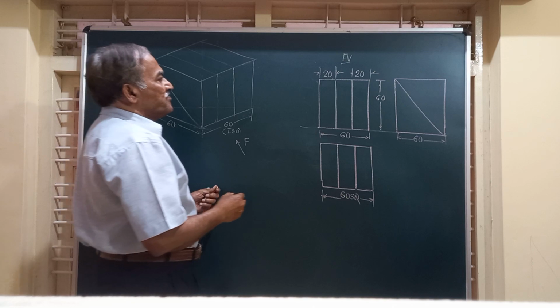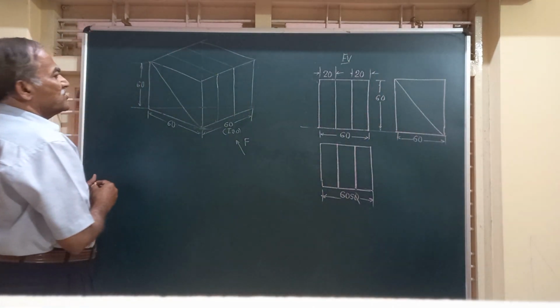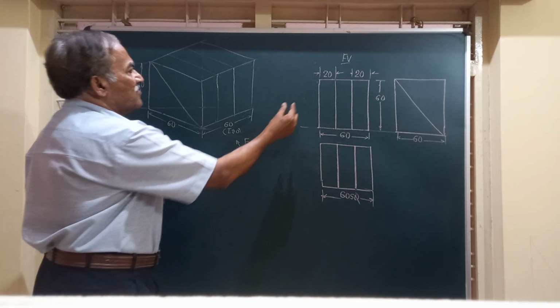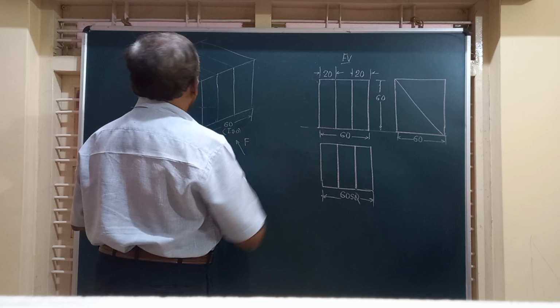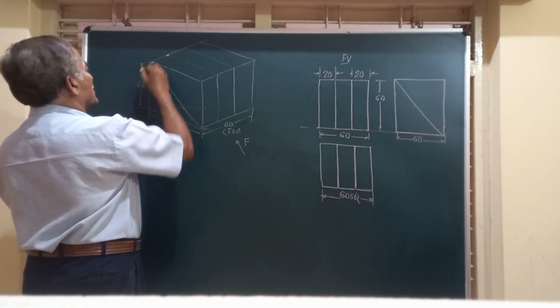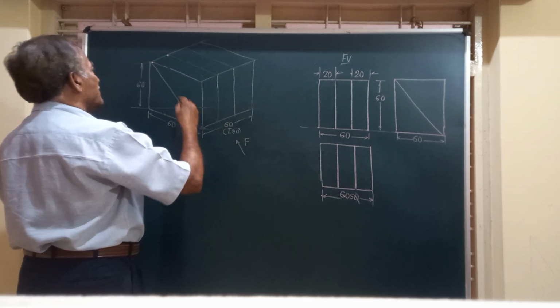And friends, at the extreme end you have got another surface. So friends, what we can do, since this is seen as a rectangle of width 20 and height 60, we can take this point and this corner and just join these two to the bottom face.